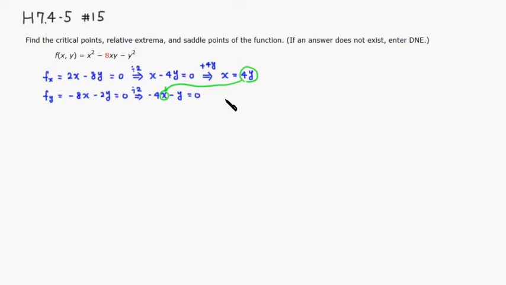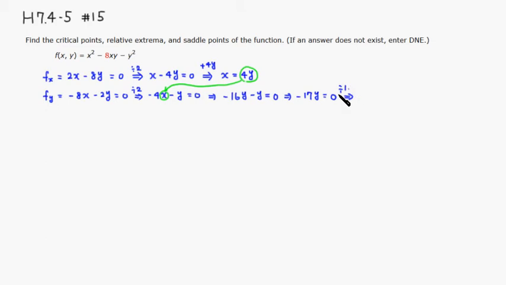This is going to give you negative 4 times 4y, so negative 16y minus y equals 0, which is negative 17y equals 0.